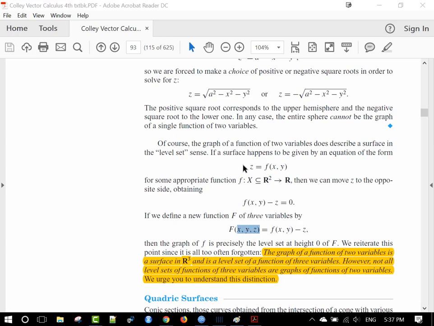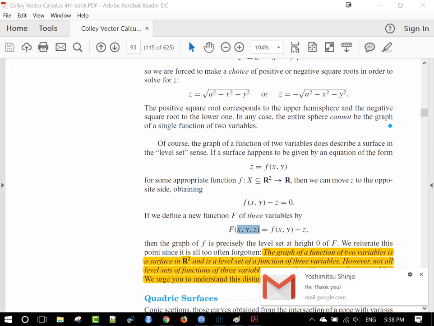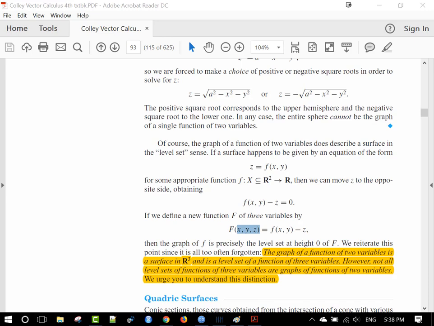Level curve or level set is in R3. And what about the contours? Where are they going to be? They're going to be in R4. The contour curves are going to be in R4, just like the graph is in R4 for this capital F. But the level sets are in R3.